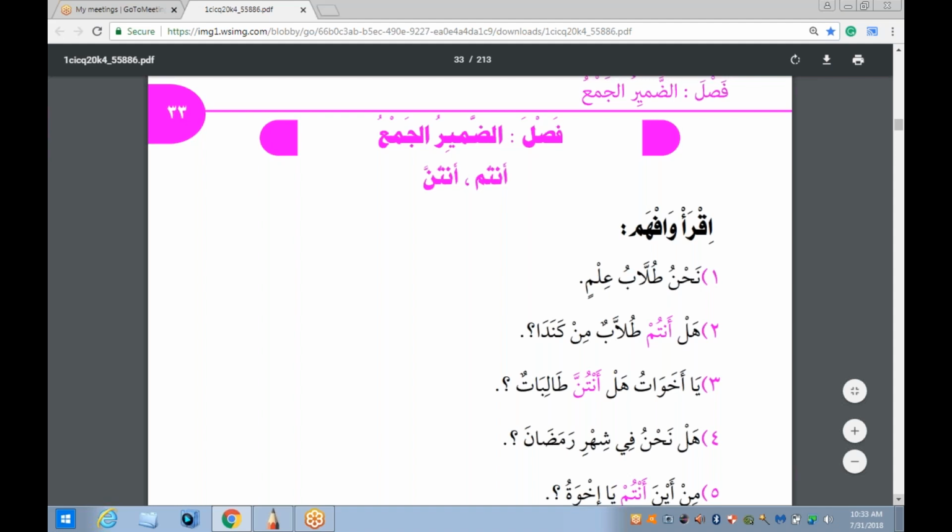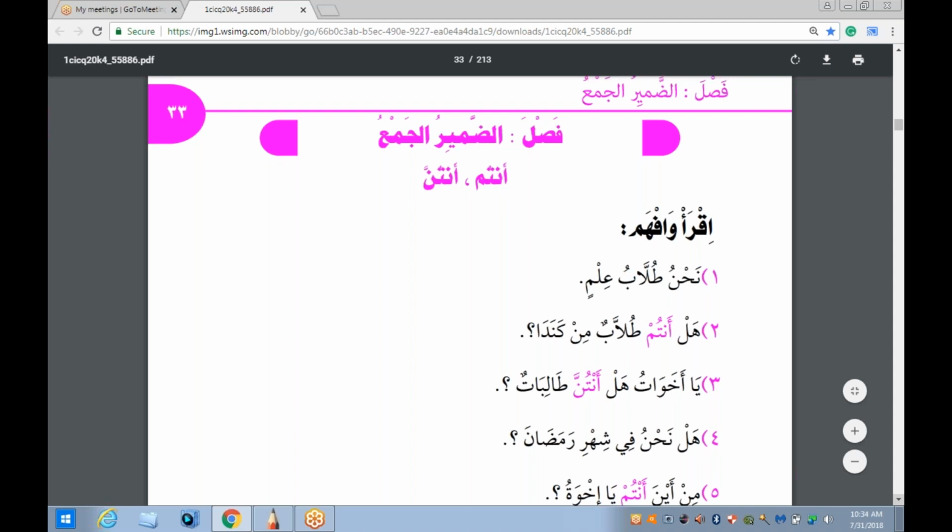Here you have ya akhawat. What does akhawat mean? Look at that alif wa ta. That alif wa ta is feminine. It's a group that's feminine.